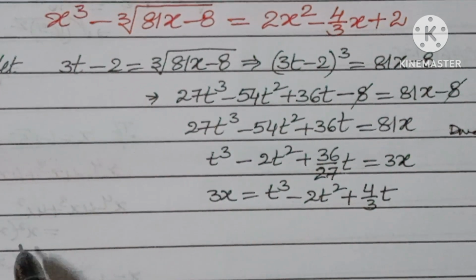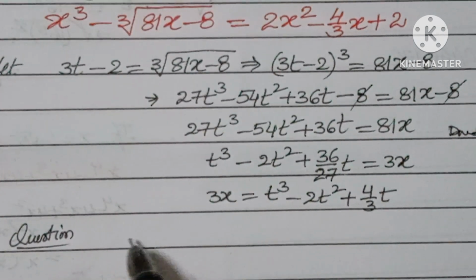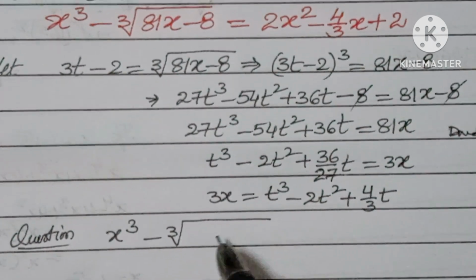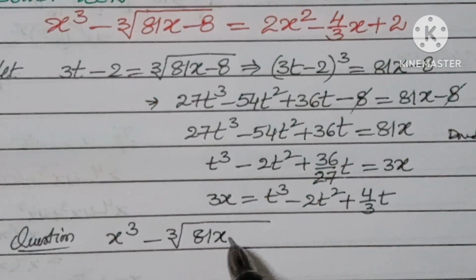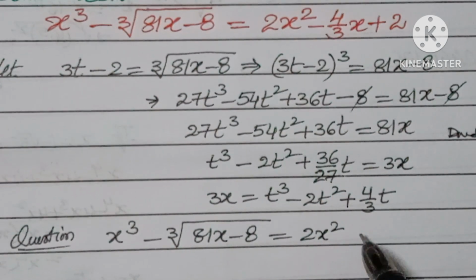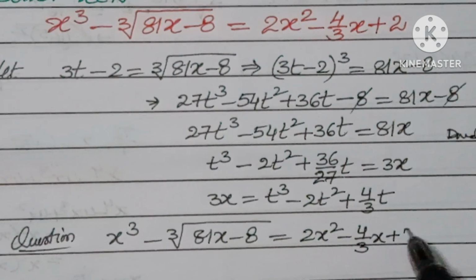Now, if you go to the given question, x cube minus cube root of 81x minus 8 is equal to 2x square minus 4 by 3x plus 2.